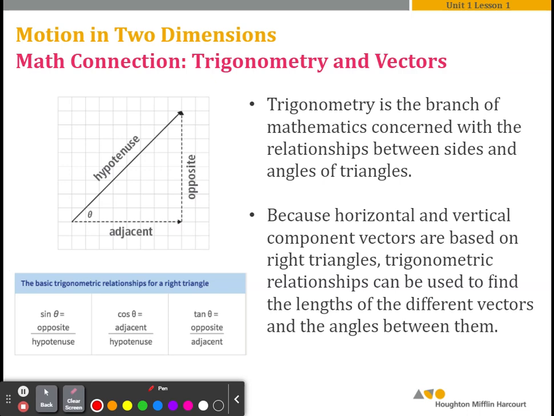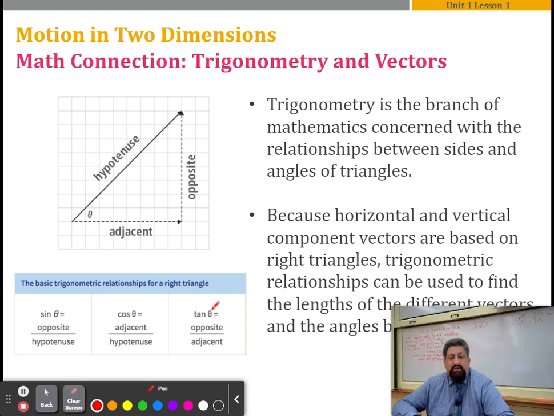We can establish trigonometric relationships and use them to find the lengths of different vectors and the angles between them. So when we put vectors together to make triangles, we can learn a lot about the angles of those vectors, and about the magnitude of those vectors.